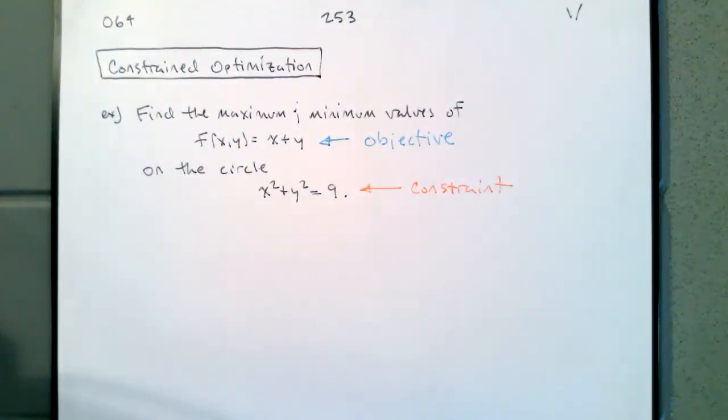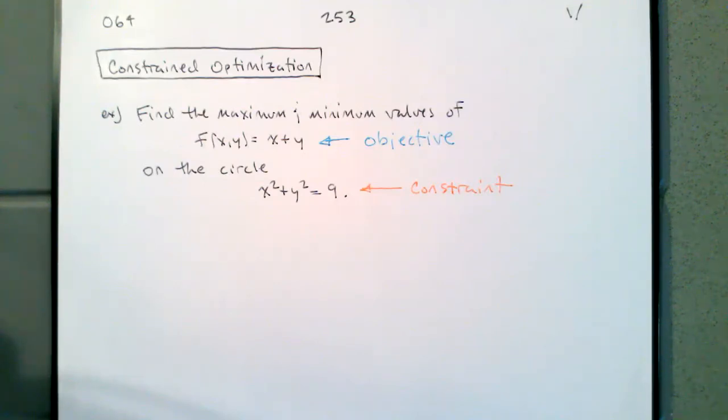I picked this problem because we can visualize it. We can imagine what this problem looks like. We look at the objective function, f of x equals x plus y, and we know that the objective function is a plane.